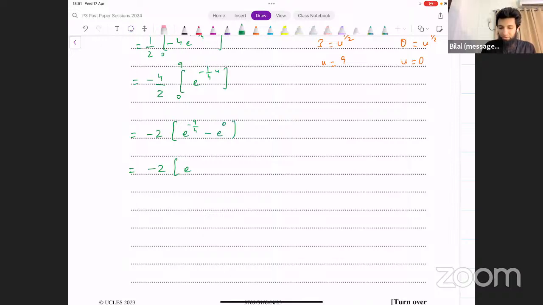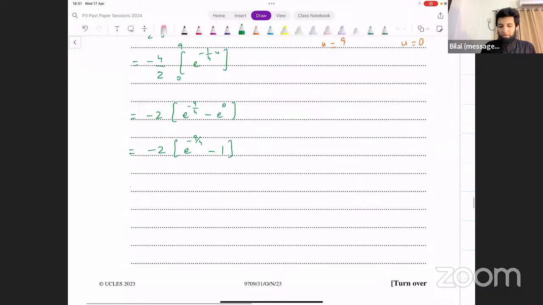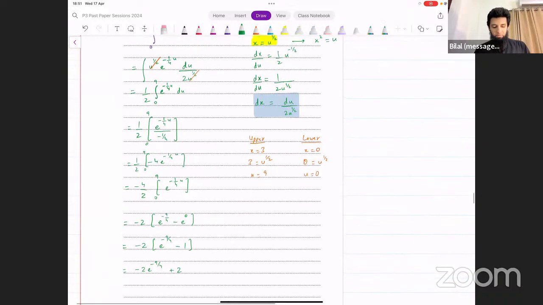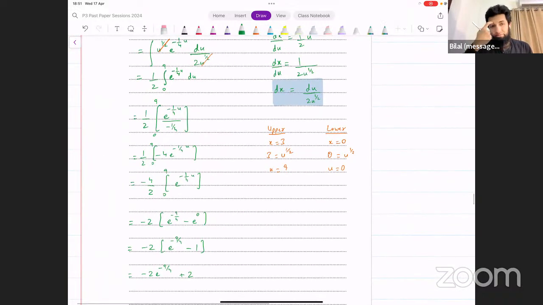So you have minus 2 into e raised to power minus 9 over 4 minus e raised to power 0, which is 1. And that gives you minus 2 e raised to power minus 9 over 4 plus 2. That's the area of this shaded region that we were looking for. Okay, 2 minus 2 e raised to power minus 9 over 4. Is that okay? Make sense? This is the exact area.